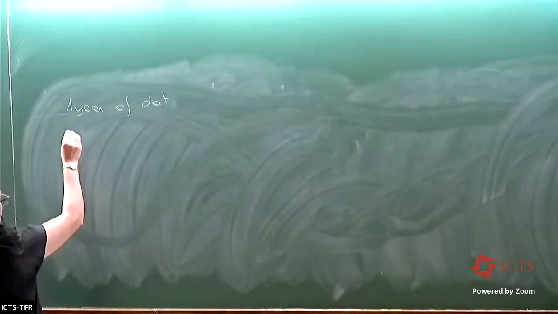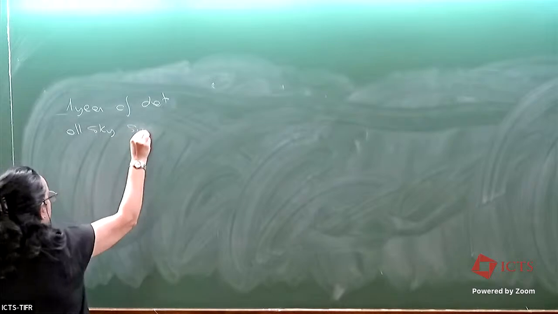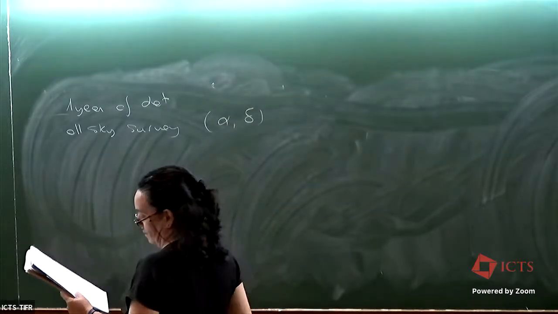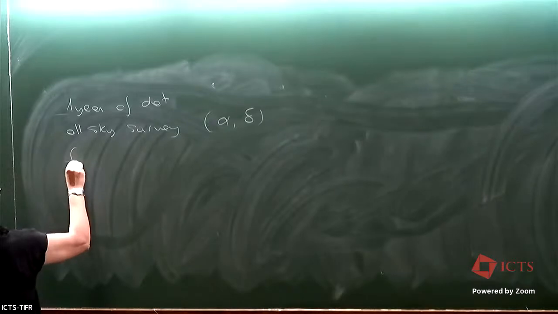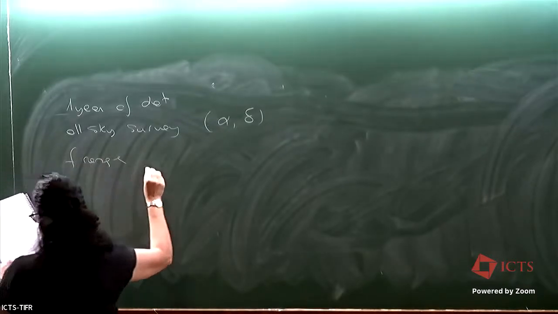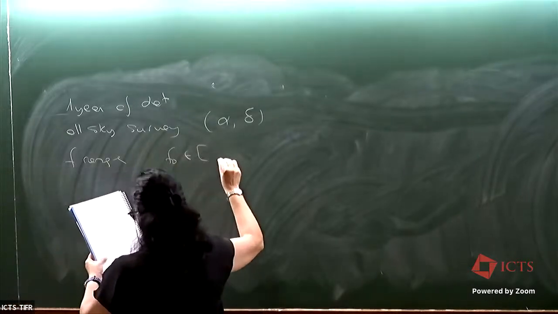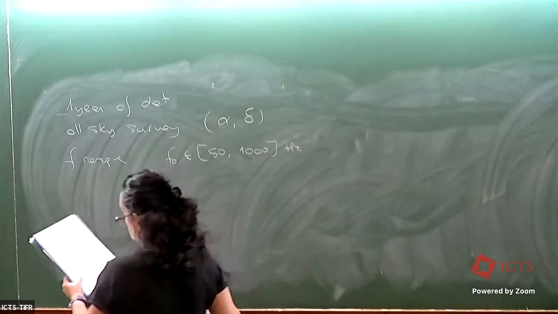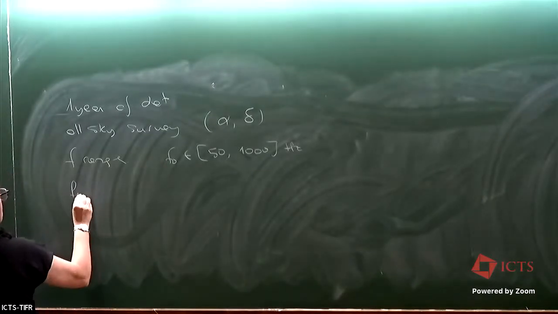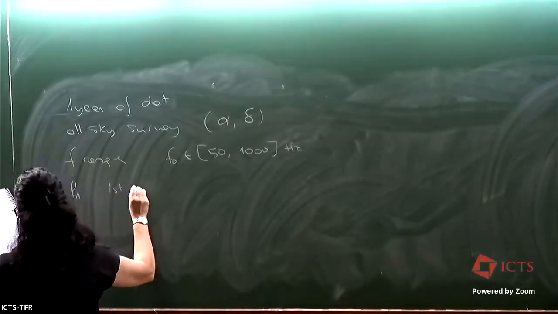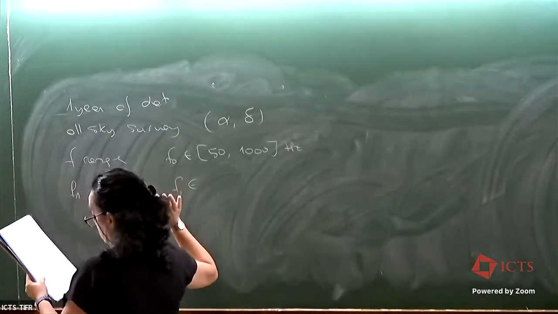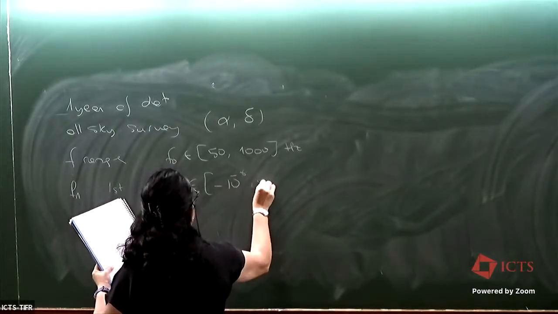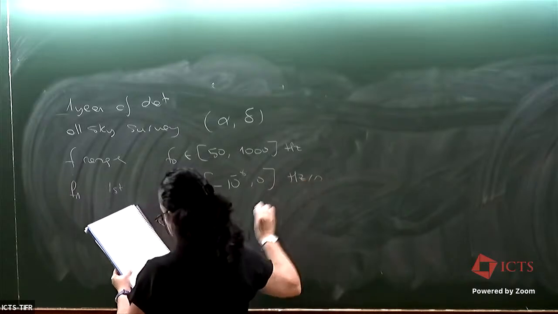That means, if I want to do an all-sky survey, I want to search for all possible values of alpha and delta, for a frequency range between 50 and 1,000 hertz, and only to include first spin-down in a reasonable search, minus 10 to the 8 and 0 hertz per second.